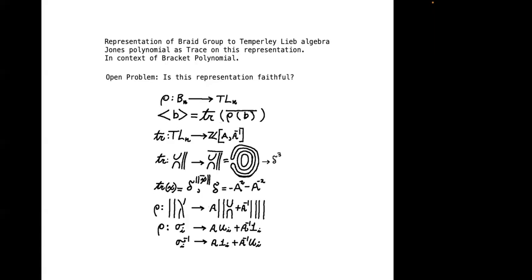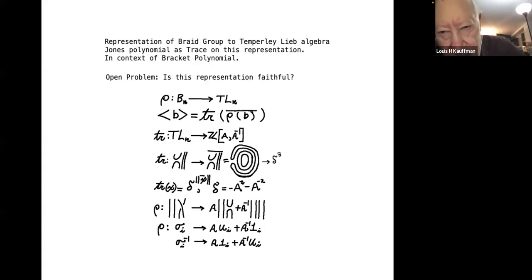But excuse me, Lou, we know that the Kauffman bracket does not detect links. Doesn't it follow from that that this representation is not faithful? No, it doesn't. The problem is, is this representation faithful?